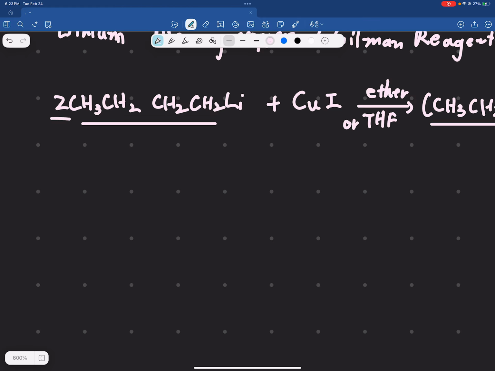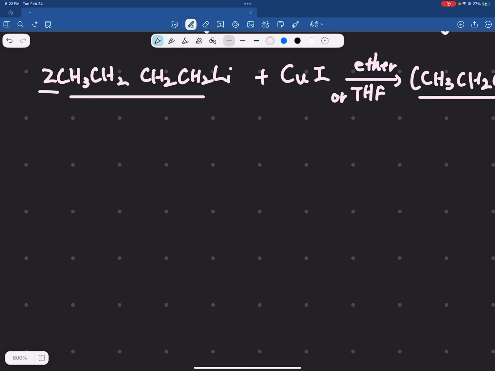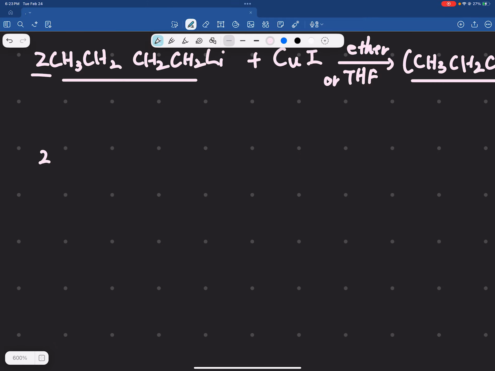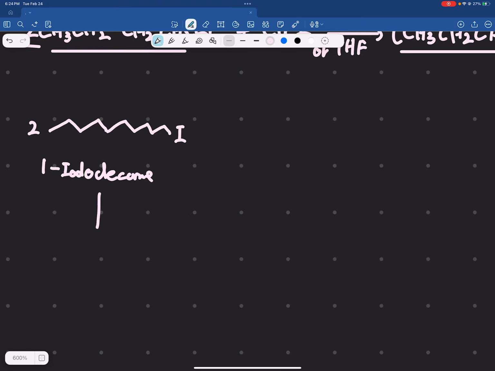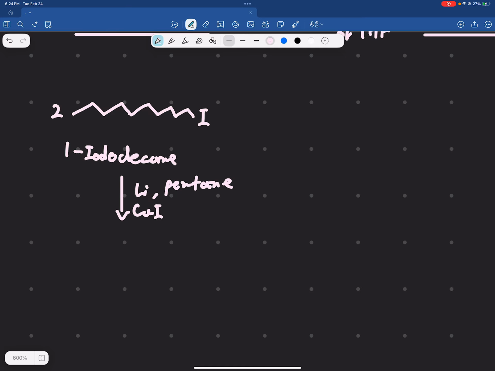So if we were to have, let's go crazy, 2 equivalents of 1-iododecane, and we form a Gilman reagent off of that with pentane and copper iodide, we're going to form a Gilman reagent.